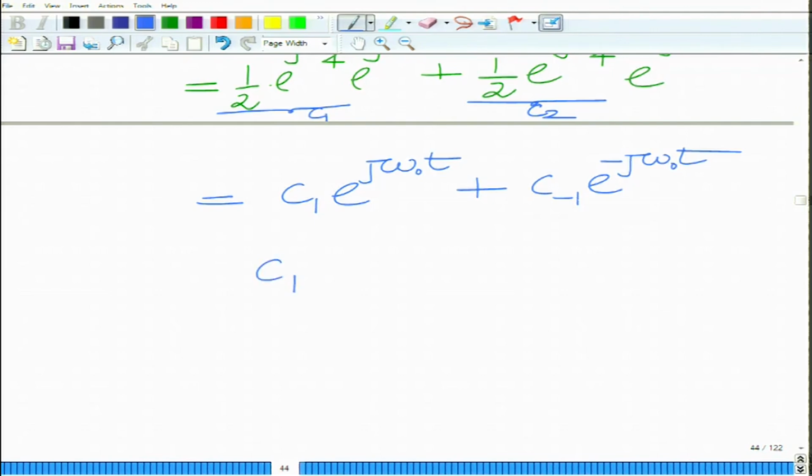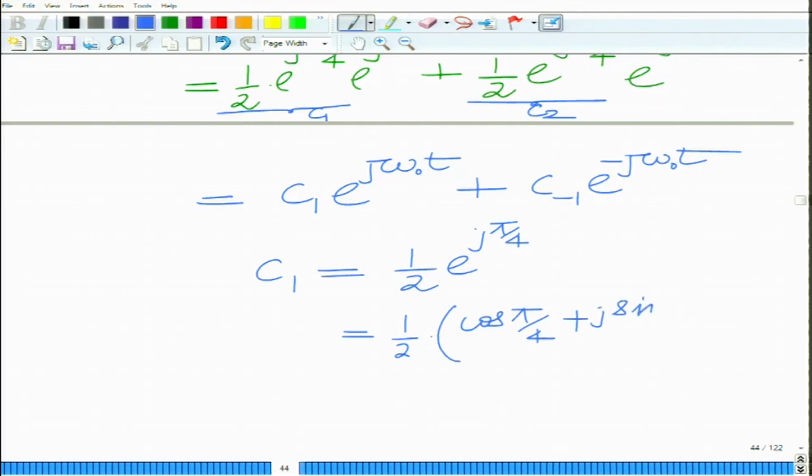So, C1 equals half e raised to j pi by 4. Well, e power j theta is cosine theta plus j sin theta.